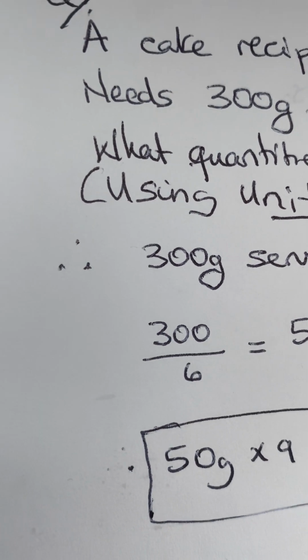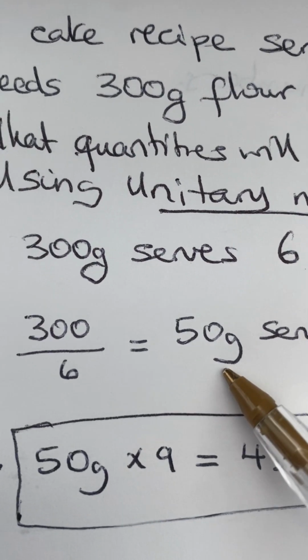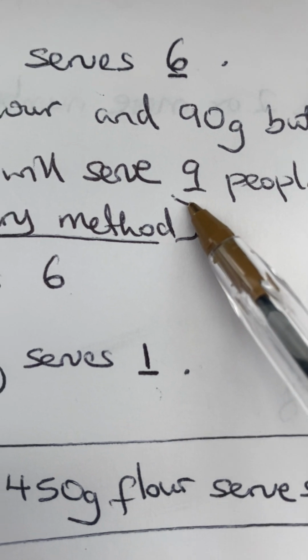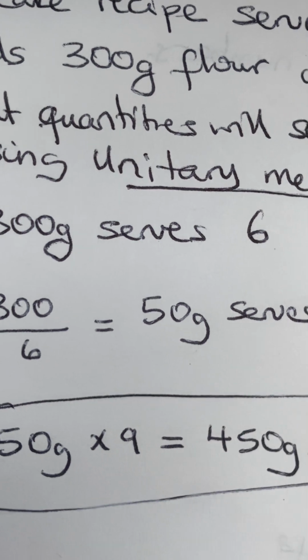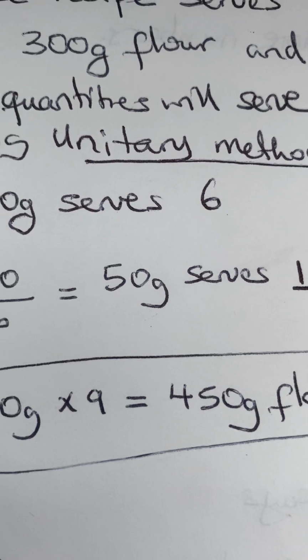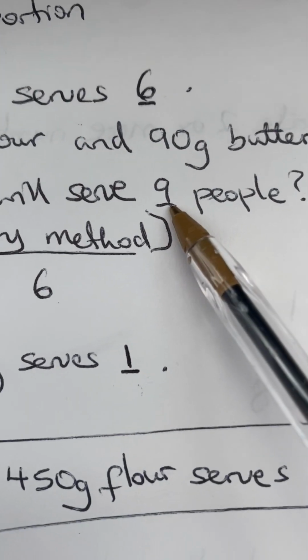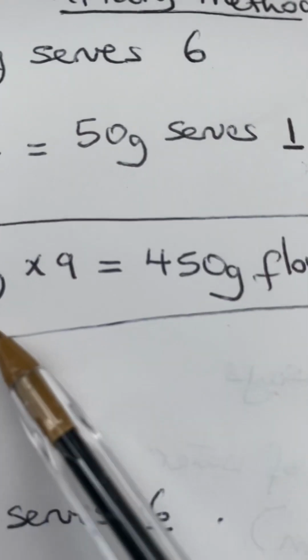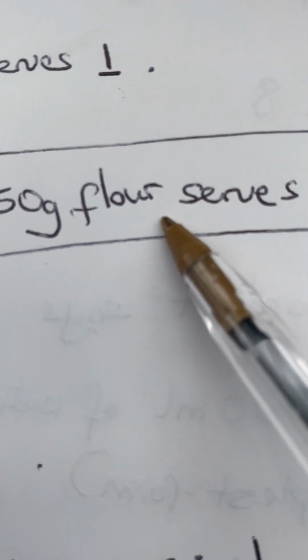So if 50 grams will serve 1 person, how many will serve 9? 9 is 50 grams times 9. So I have 50 times 9, which is 450 grams of flour, will serve 9 people. That is half of the question.